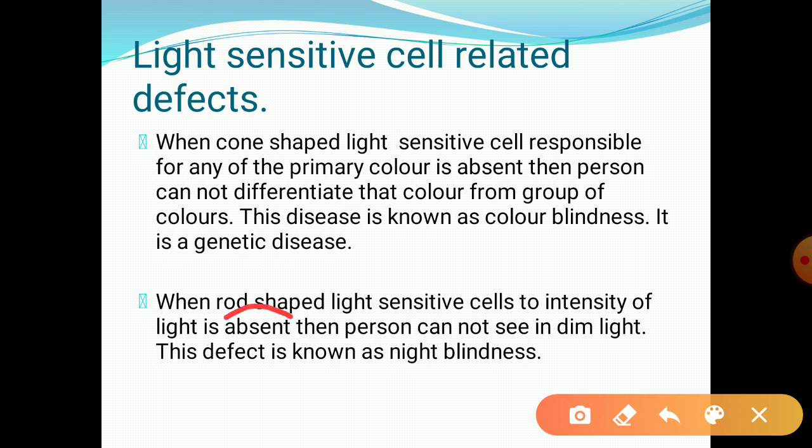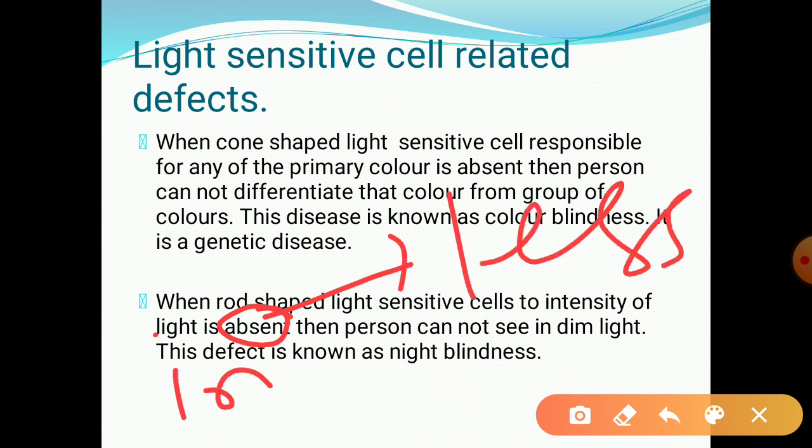Not absent, but less in numbers, compared to the number of rod shaped cells present in a normal human eye. If the number of light sensitive cells is less, in that case the person cannot see in dim light.